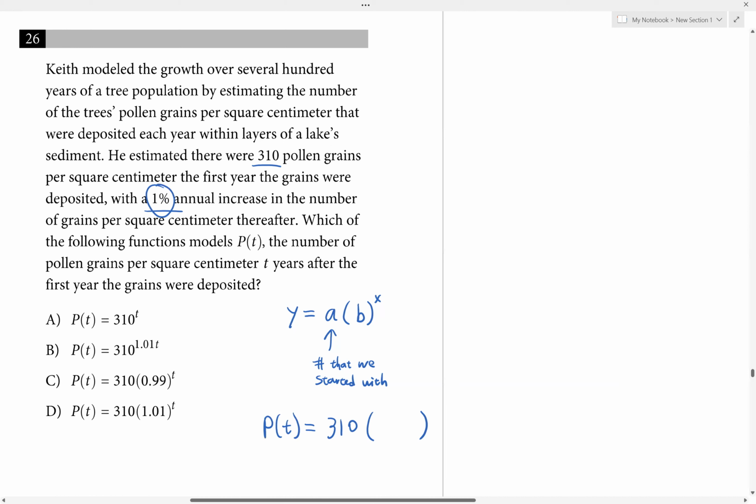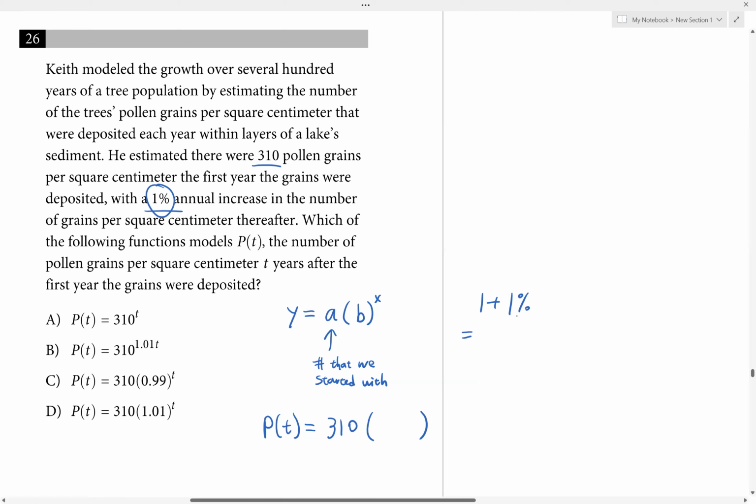And this whole model represents the total number of grains, right? It's not just the increase, it's the total number. So what we have to do is add it to 1. So it's a 1% increase, you have to add it to 1, so it'll be 1 plus 1%.